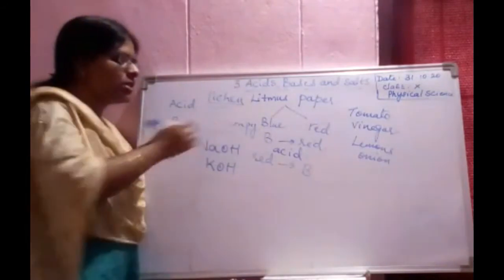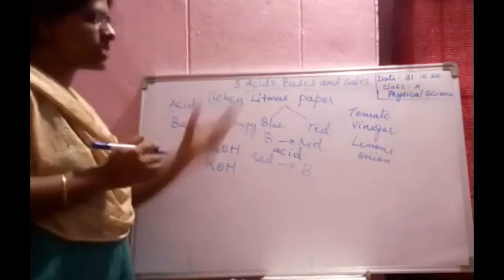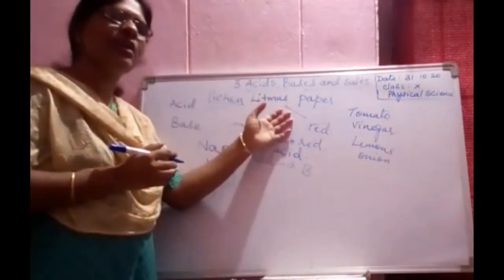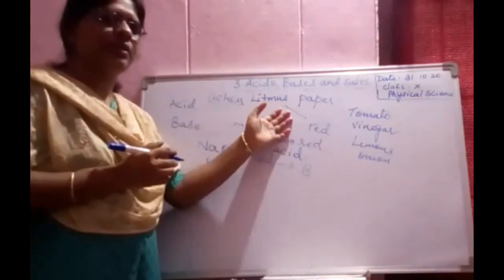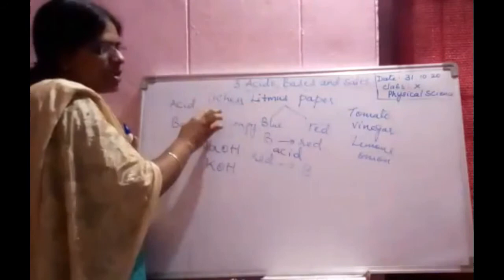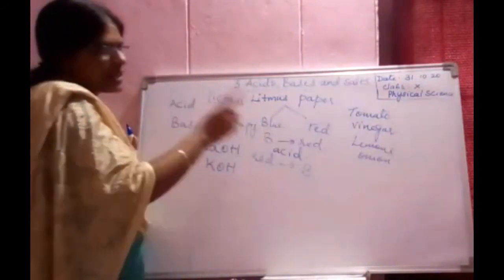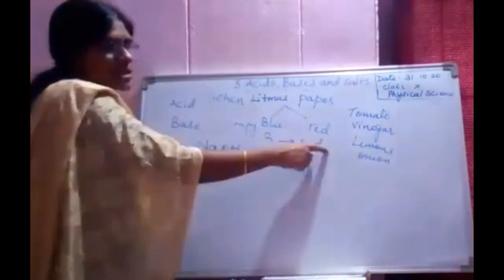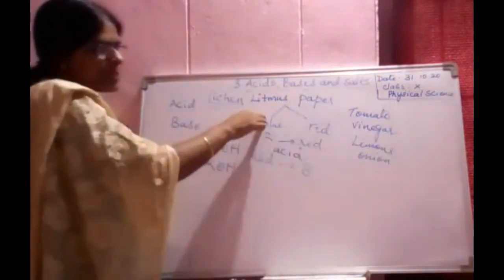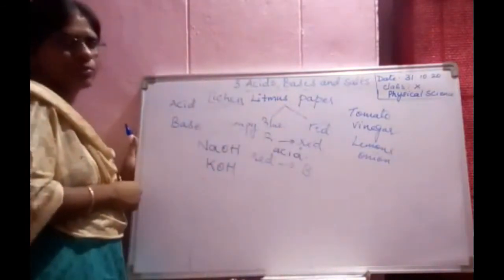To test whether it is an acid or a base using a litmus paper: for an acid, blue litmus changes to red. For a base, red litmus paper changes to blue.